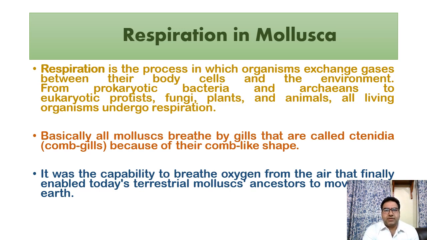This transition happened several times in separated cases and in different systematic groups of the gastropods. Whatever their systematic origin, they have in common that they breathe dry air. And mostly we have the gastropods which breathe on land. We call them terrestrial mollusks.